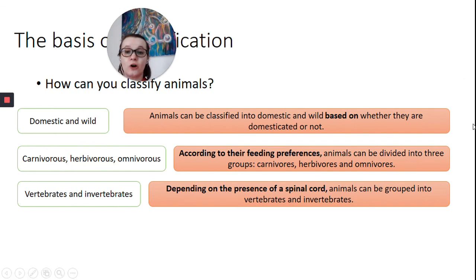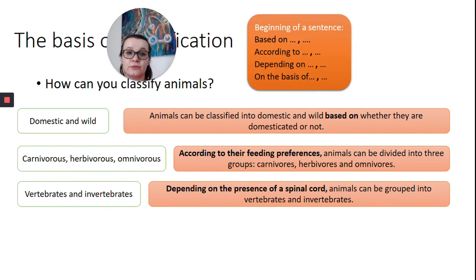So if we want to mention the features, we can use these phrases: based on, according to, depending on. And if we put these phrases at the beginning of the sentence, it is a linking phrase, right? And we use a comma after that. We start with a capital letter, put a comma after that, and continue the sentence.